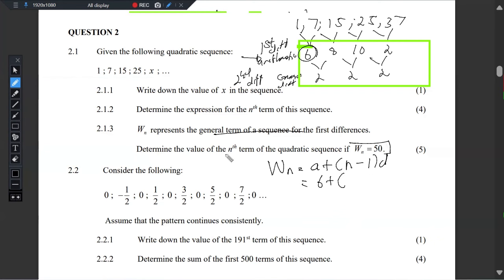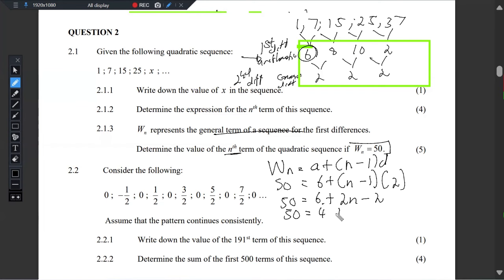So we are actually trying to determine n. So Wn is what we have here. Then minus 1. Then your d is 2. So you put your 50 right here. Then this is going to be 50 is equal to 6 plus 2n minus 2, right? So 6 minus 2 gives us 4.